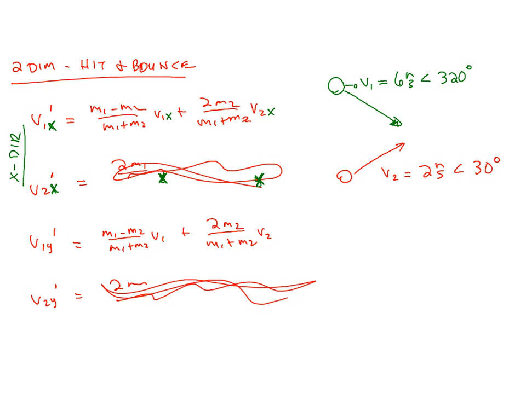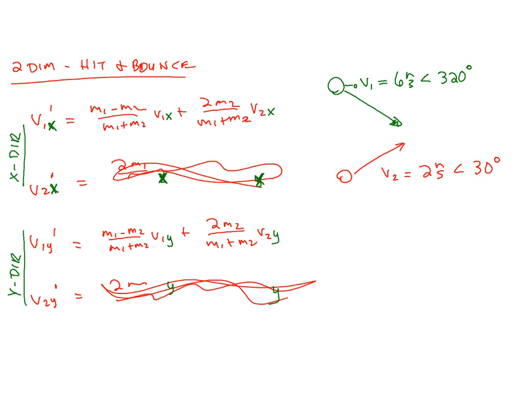Okay. Down here on the bottom, I'm doing the y direction. So both of these subscripts are y right here. That means that the velocities here, I only want the y components, right?